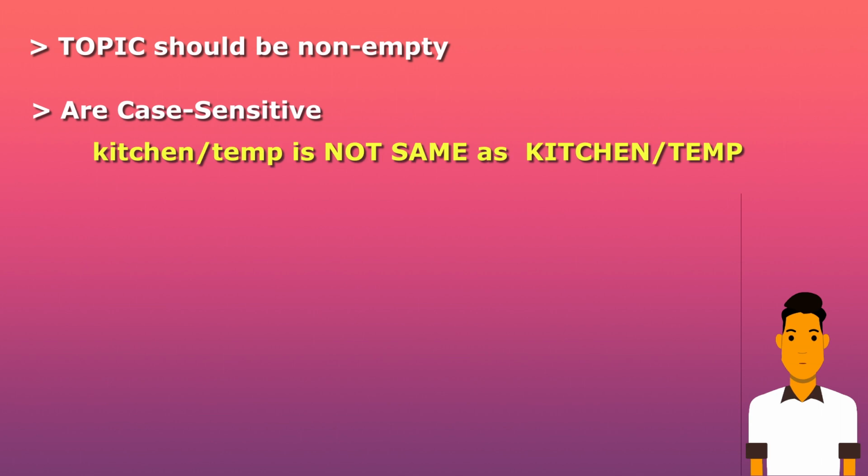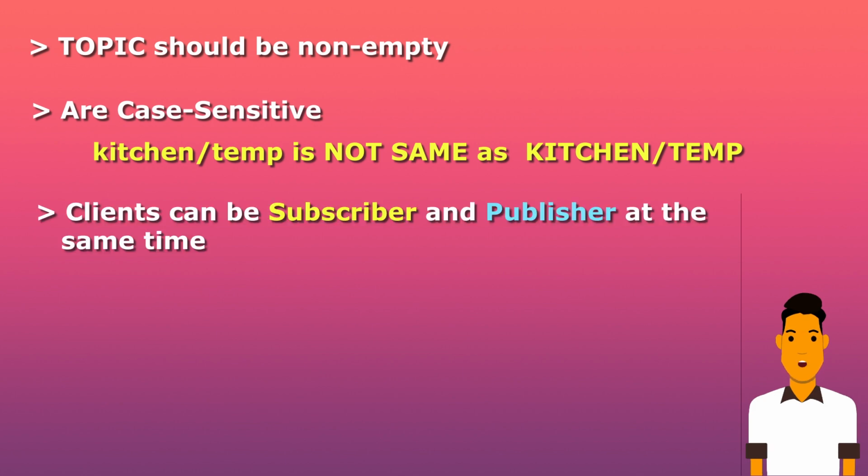Each topic must contain at least one character and can include spaces. The topics are case sensitive, which means the same topic in lowercase letter is not same as the same topic in uppercase letter and will be considered as 2 different topics. All the clients can play the role of a subscriber and a publisher as needed, and they can simultaneously be a subscriber and publisher of several different topics.